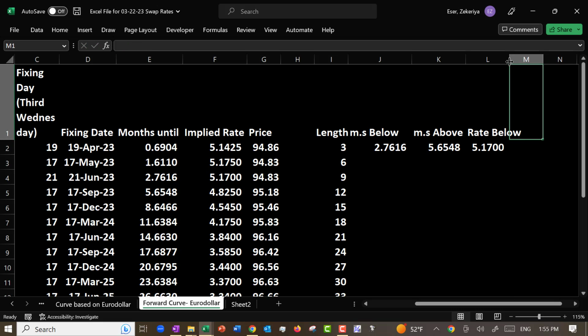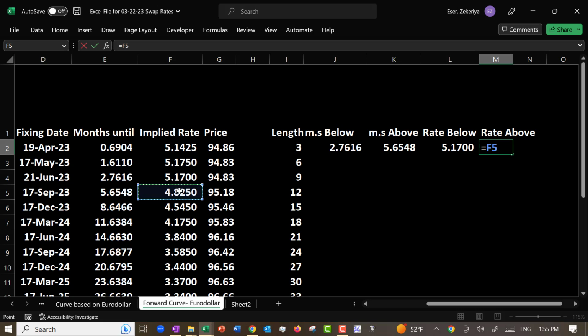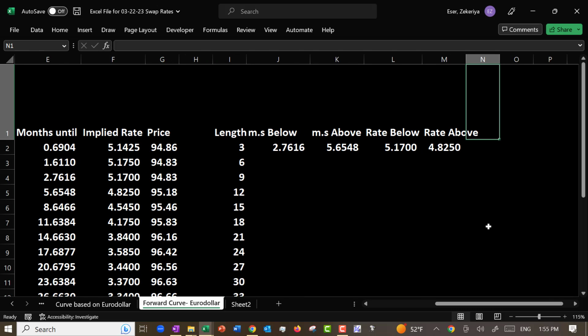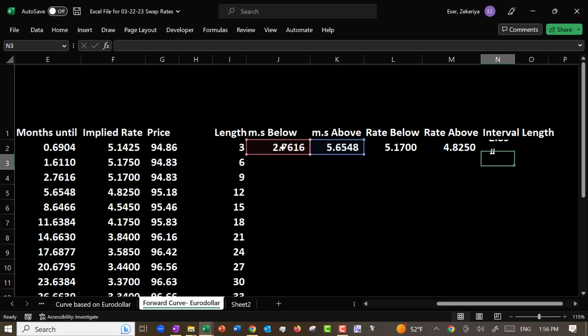I'm doing all of this to show you how the actual interpolation works. So these two data points are this much apart, 2.89, okay?